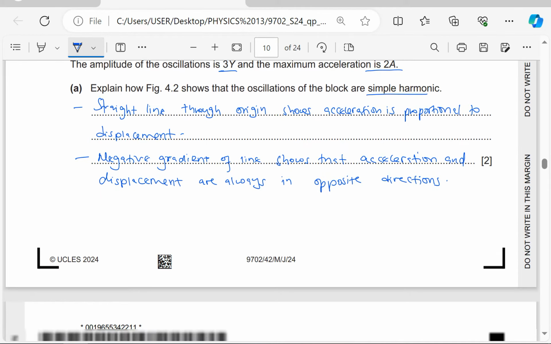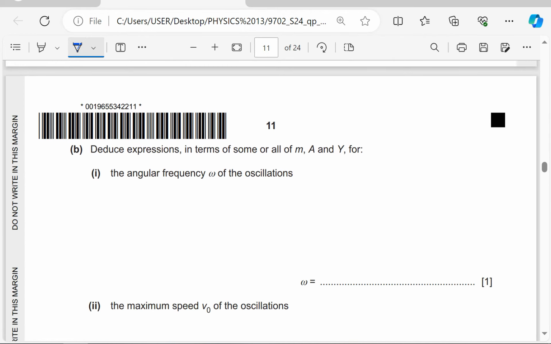Okay, so that is how we can conclude that the motion is simple harmonic. Did you say expressions in terms of some or all of m, a, and y for the angular frequency omega? We know from the general definition of acceleration in simple harmonic motion that a is equal to negative omega squared x.